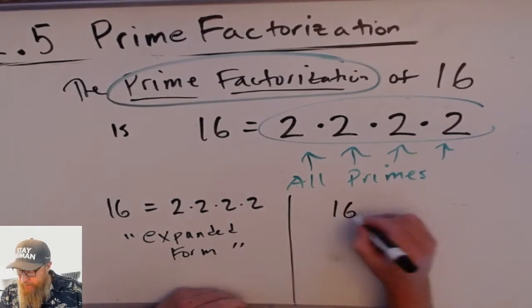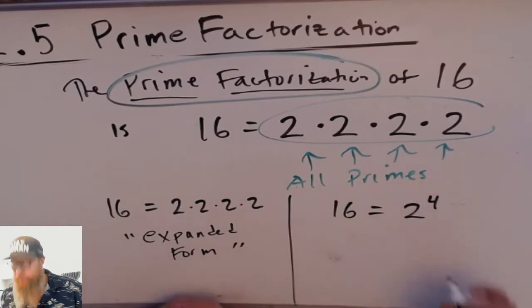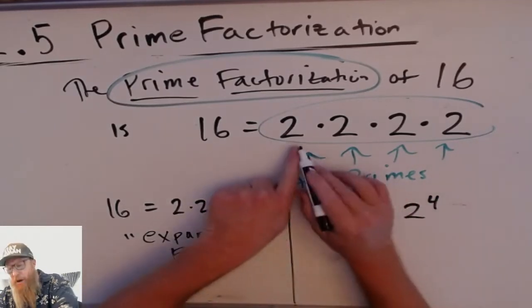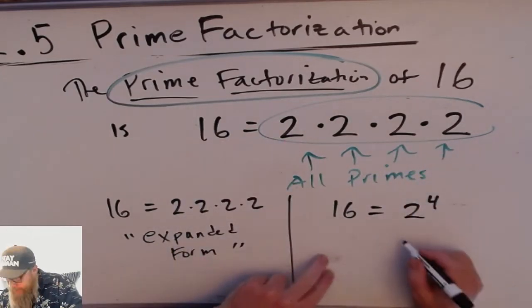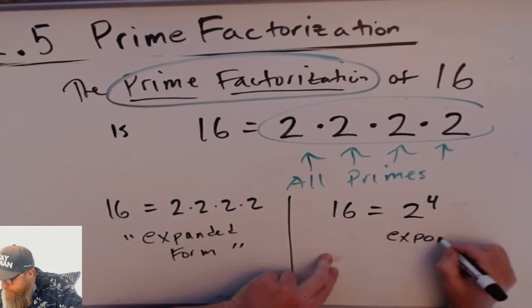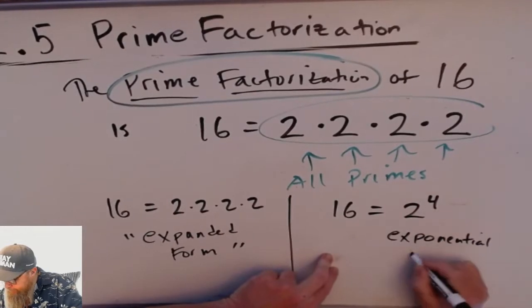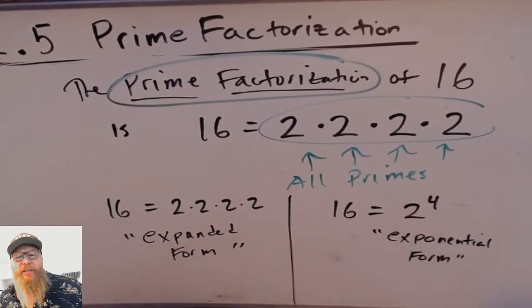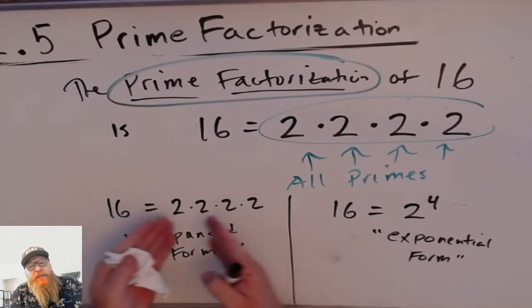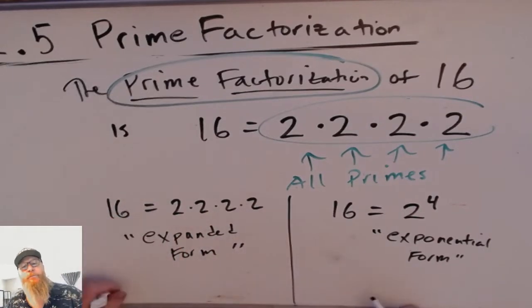If I write it this way, because there are 4 2's, 1, 2, 3, 4, this is called the exponential form. And again, I hope the name is self-evident. It's exponential because you're writing it with an exponent. This is expanded because it's written expanded.